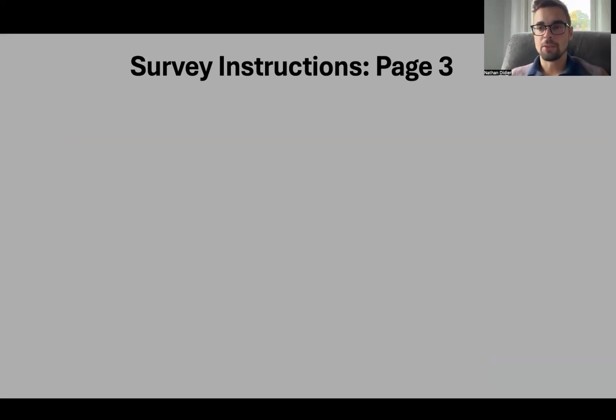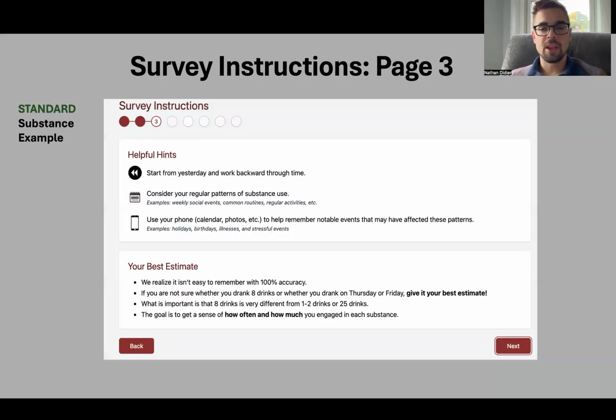Moving on to page 3 of the instructions. This is actually pretty straightforward. There's not many differences between standard and custom substances. So we have helpful hints. Start from yesterday and work backward through time. Consider your regular patterns of substance use. Use your phone, calendar photos, etc. to help remember notable events that may have affected these patterns.